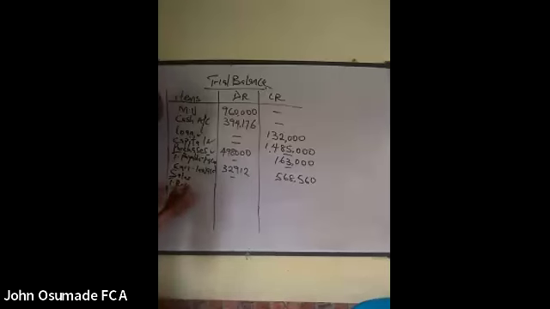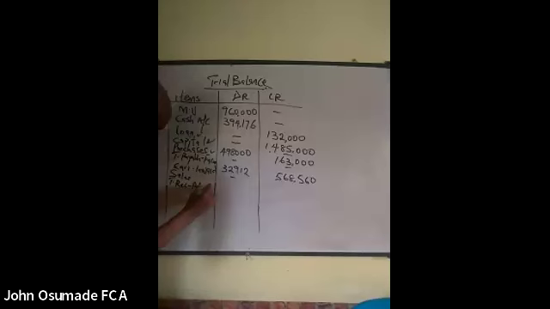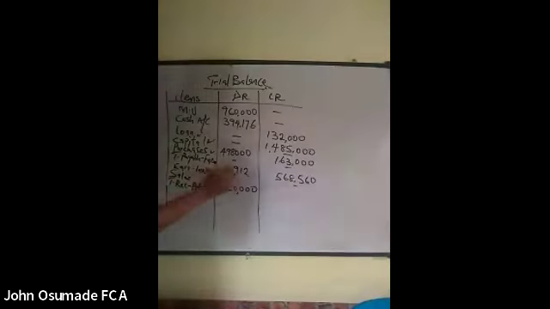Next. Trade receivables, Adama and Co. Debit side. Figure. 130,000. Next.